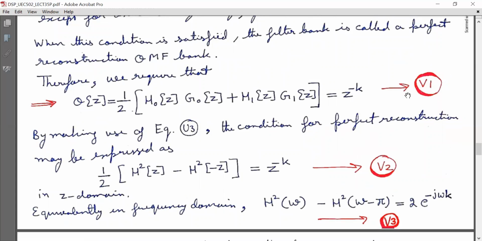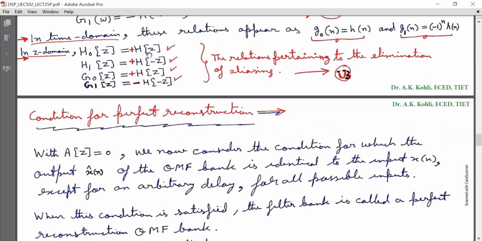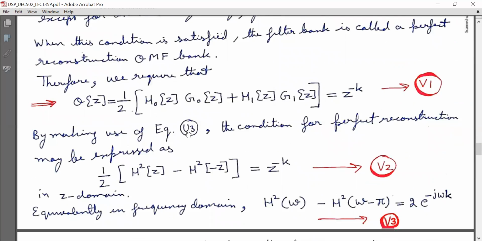By making use of equation U3, the condition for perfect reconstruction may be expressed as follows. This is U3, and these are the relations pertaining to the elimination of aliasing. These came when we tried to eliminate the aliasing. So this solution is with us in the form of equation U3. We will make use of equation U3 and substitute the values here.